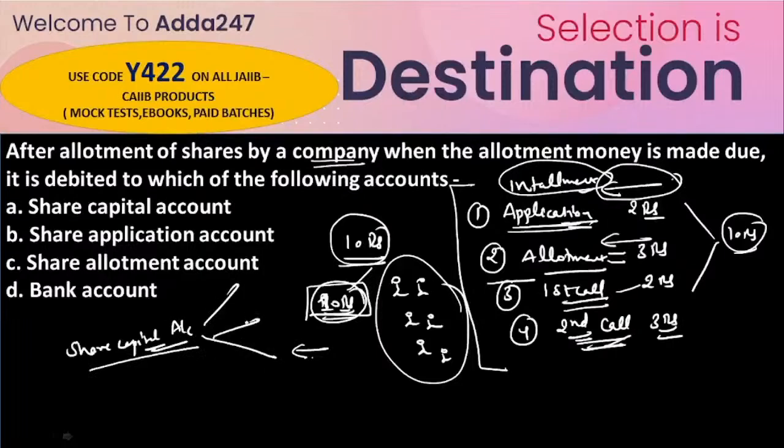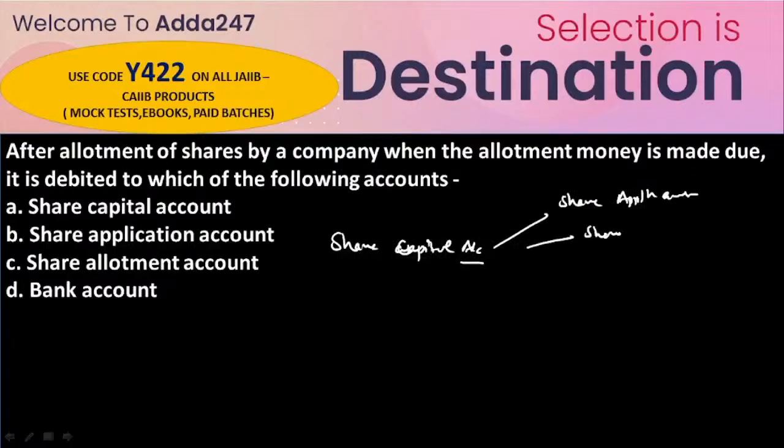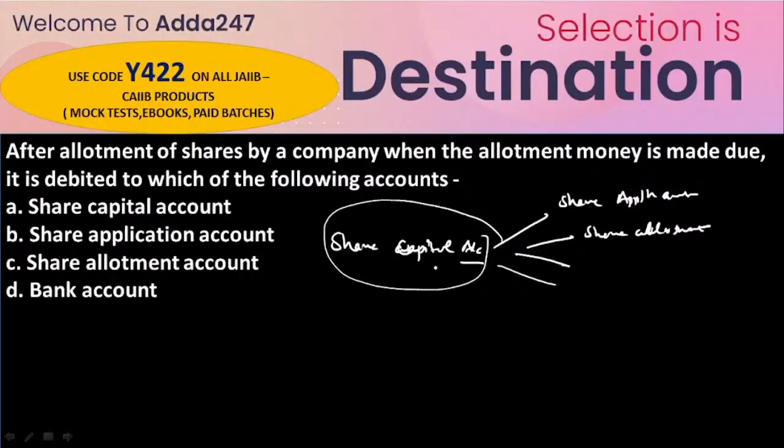The share capital account consists of the share application amount, the share allotment account, and if there are further installments, the share first call account and share second call account. All are part of the share capital account.